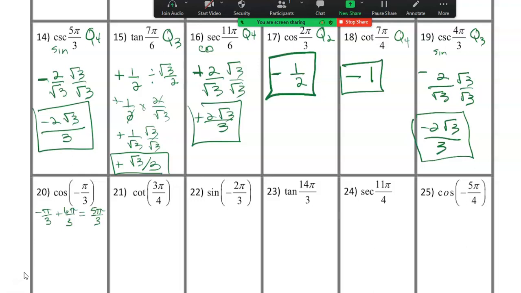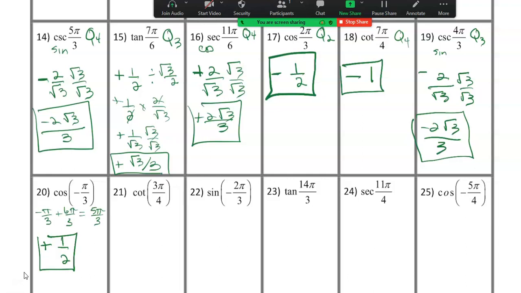So therefore, I know it's going to be positive. Go up to the first quadrant and grab the cosine value off of the reference number, pi over 3. The cosine is first. Therefore, it's going to be positive 1/2. Done.